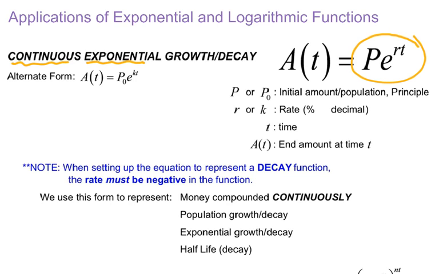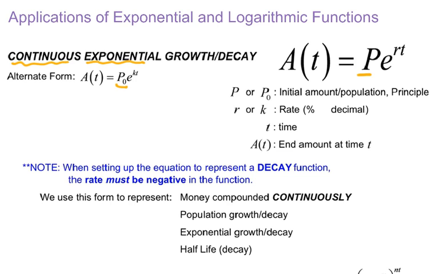So it looks very similar to our interest compounded nthly, but for compounded continuously, we use P representing our principal or initial amount. Notice I have an alternate form over here. We use P sub 0 or P naught. That's just kind of a more sciencey way of writing it.